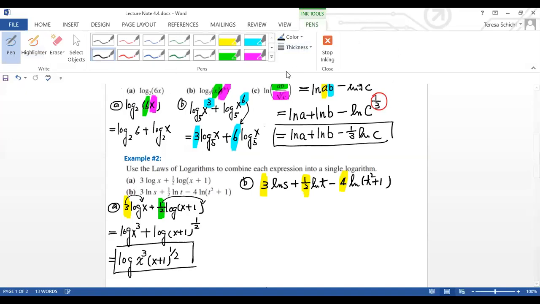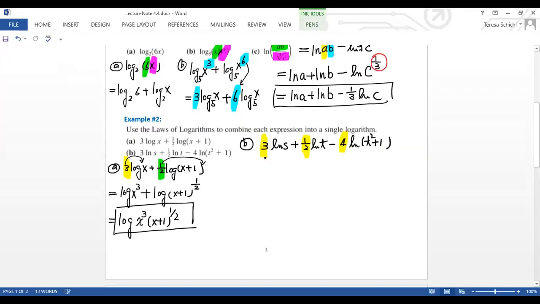Then I cannot use the log laws here. So the first thing I need to do is bring these back, so I clear out my log before I can use the log rule.